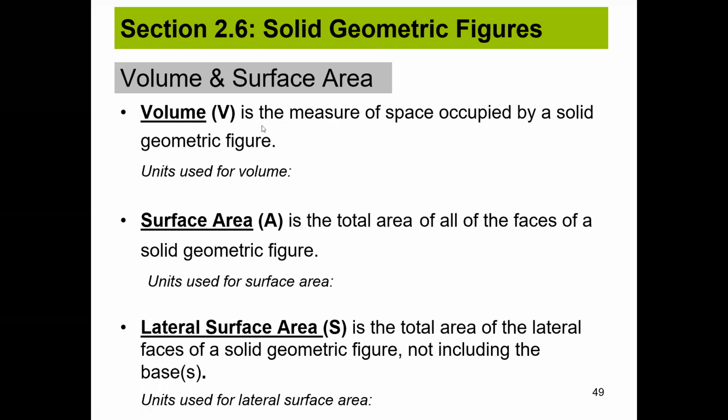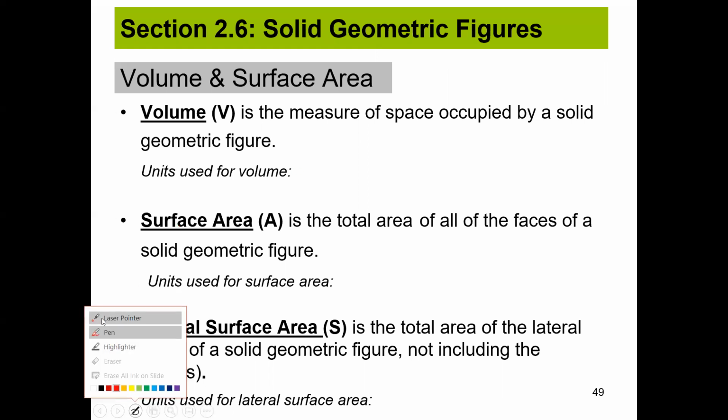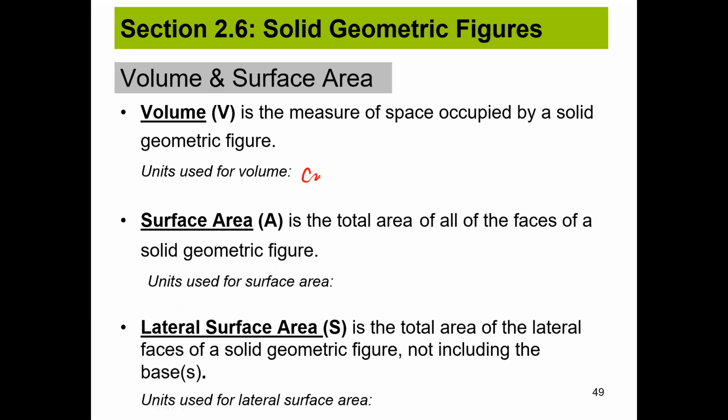Those units used for volume are going to be cubic units. So you have feet cubed, inches cubed, miles cubed, though we probably wouldn't talk about miles cubed too frequently, and millimeters cubed. Lots of different units that we can cube.